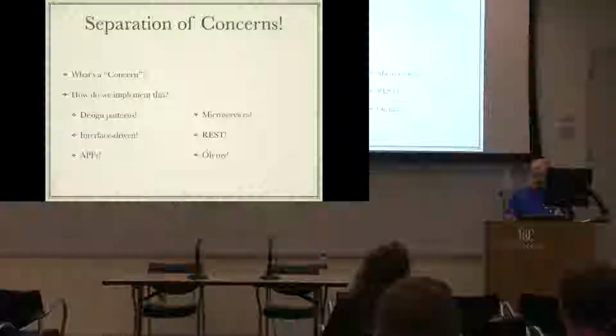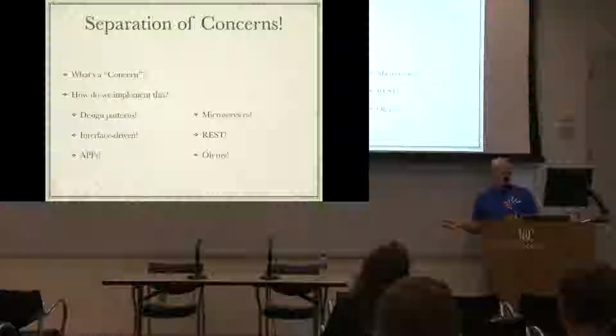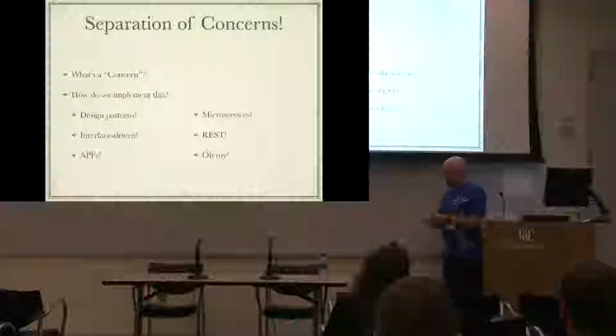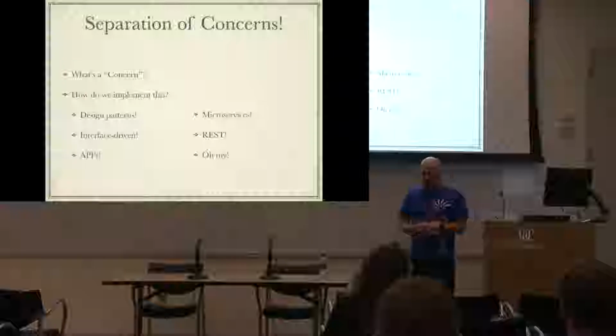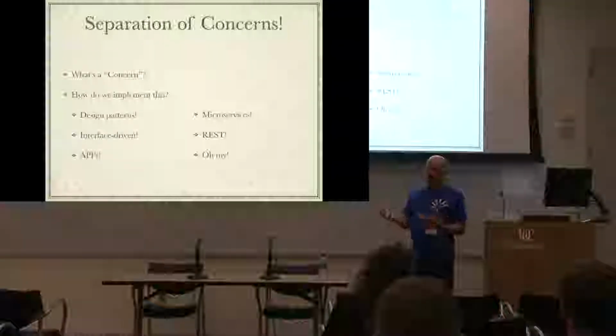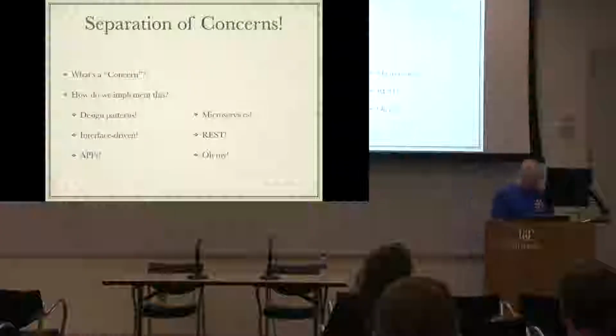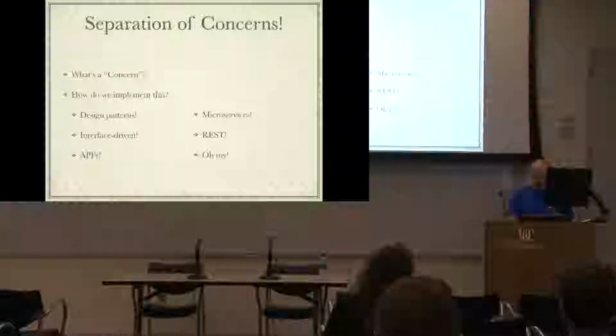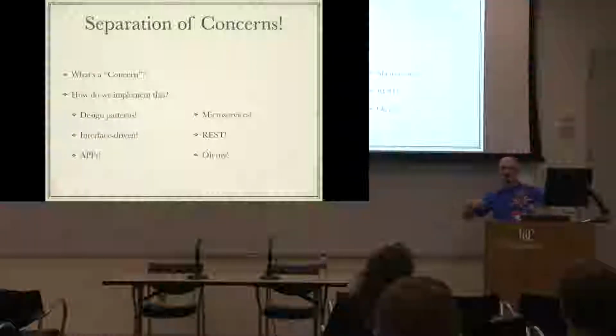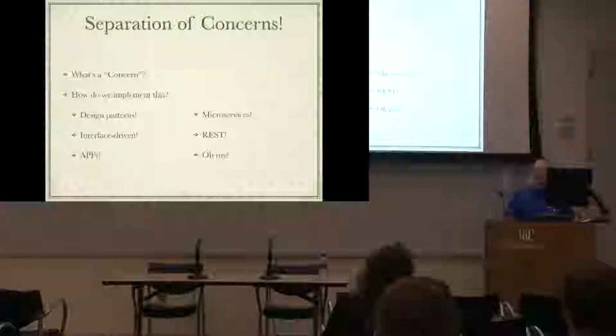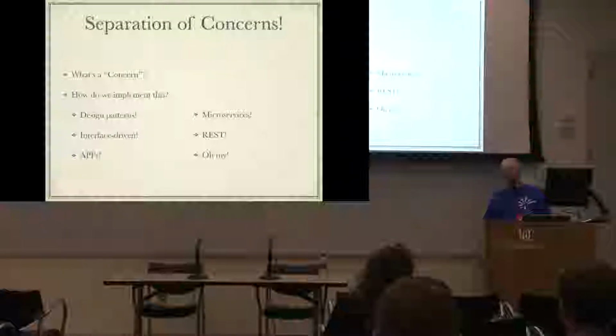It started with design patterns and interface-driven designs, APIs, microservices. These are all ways of separating the functionality within your applications. It was a bit like our form of government, in which we have separate legislative, executive, and judicial branches that work highly effectively together.